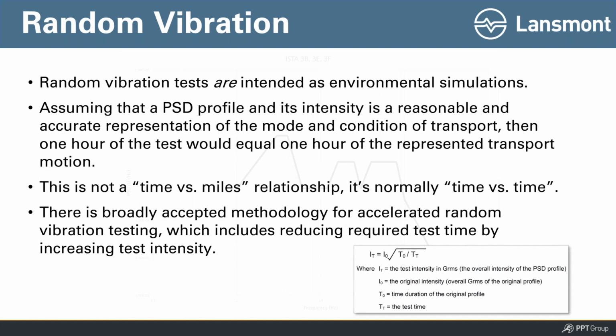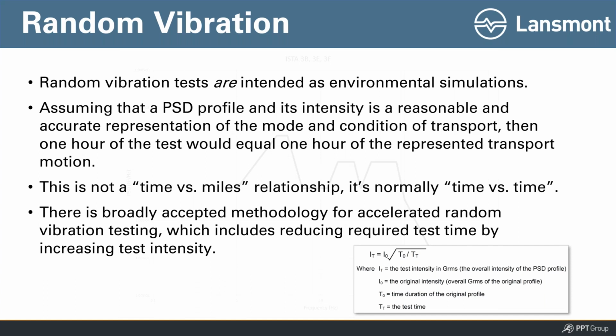Basically what it says is, if I measure an environment and I record 20 hours of transport, and I create a PSD based upon that 20 hours of transport, and I want to simulate that 20 hours of transport in a 4-hour or 5-hour test, what do I need to do to the PSD intensity level to make that a valid, deliverable test?